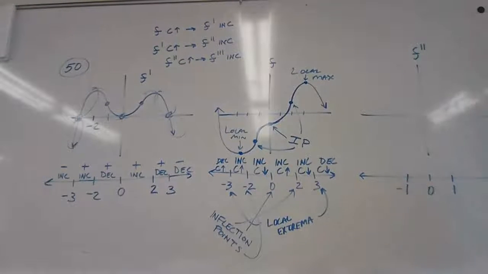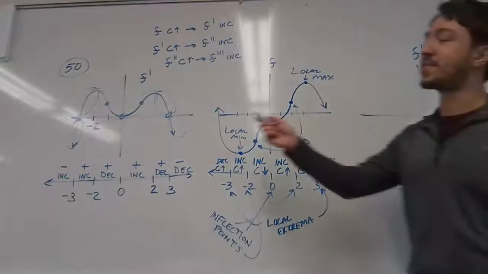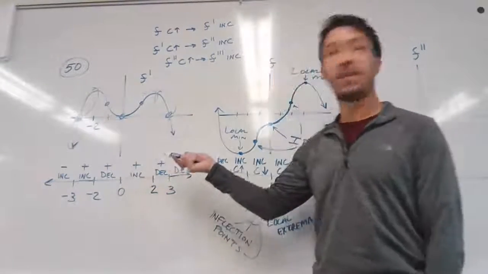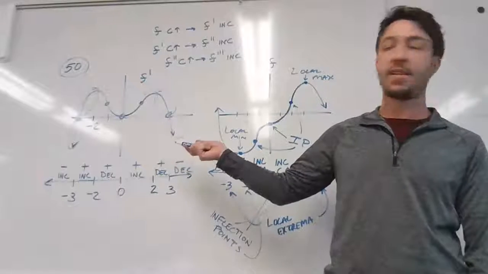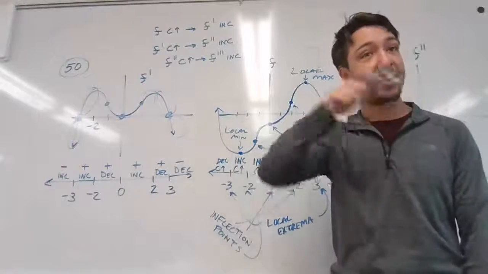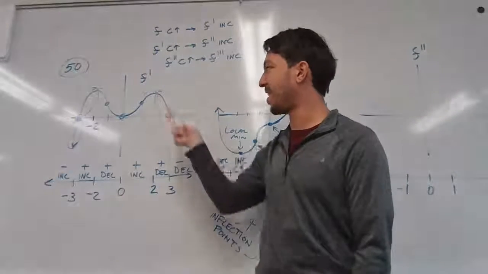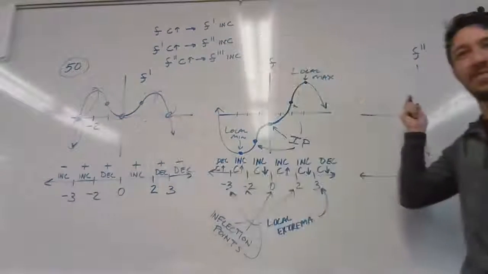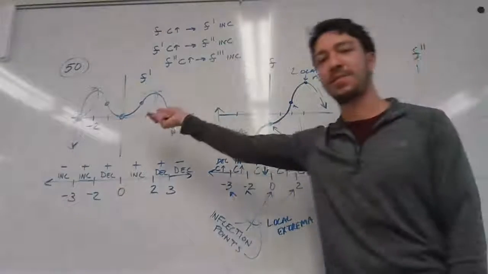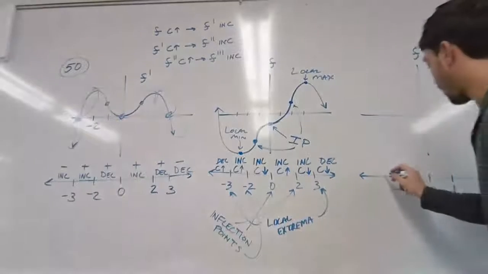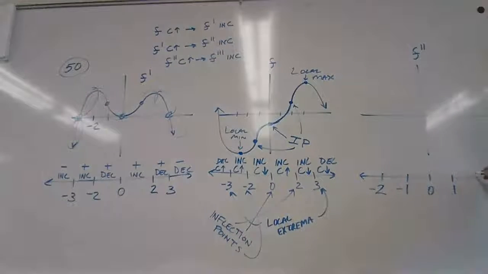Now what parts of this graph don't matter that did matter before? -3 and 3. Because do I really care if this guy is positive or negative if I'm looking at its derivative? Not really. All I care about is the slopes on it. So now I really care about these values.